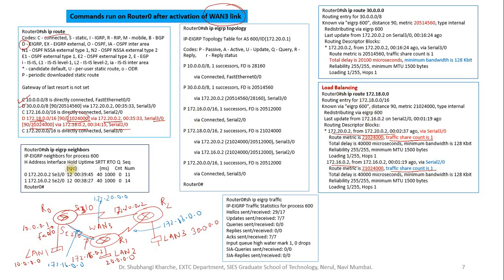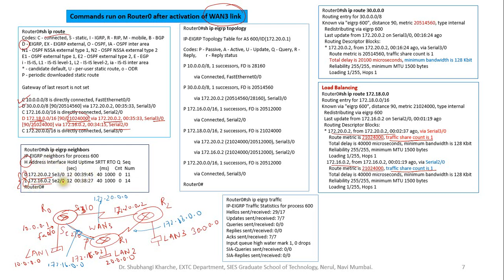Then the show ip eigrp neighbors command displays this content, where H stands for handle, and the handle displays the order in which the adjacency is developed between the neighbors. Here the 0 value means that 172.20.0.2 developed the neighbor adjacency first, and then 170.16.0.2 developed the neighbor adjacency next, as the handle value is 1 over here.